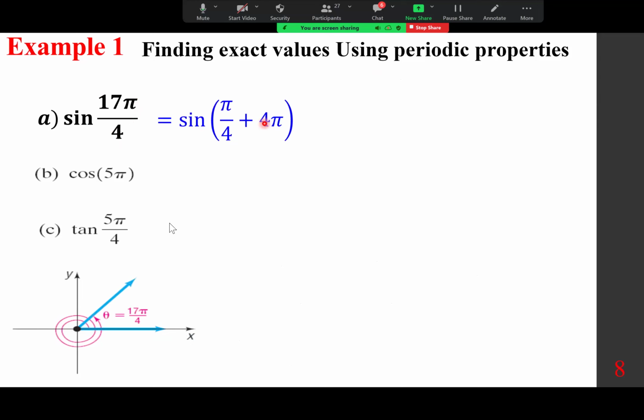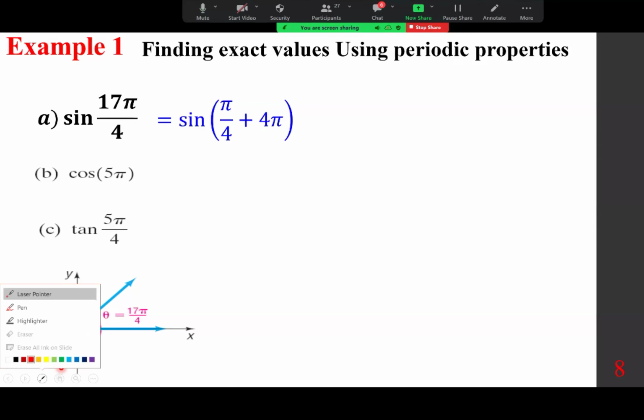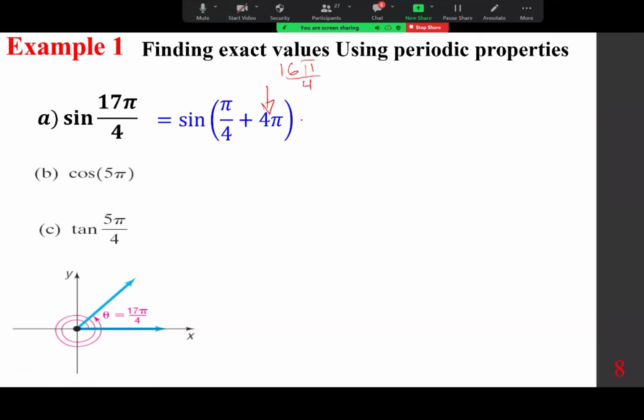And 4 pi is 2 times 2 pi. Any multiples of 2 pi will do it. Therefore, this is equal to sine of pi over 4. Therefore, it is equal to square root of 2 over 2.